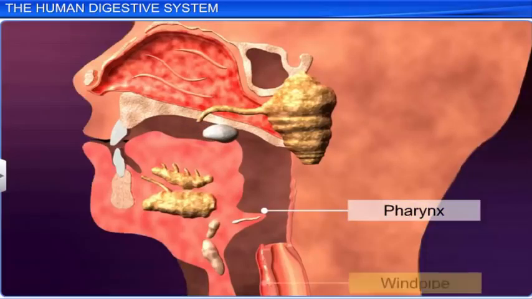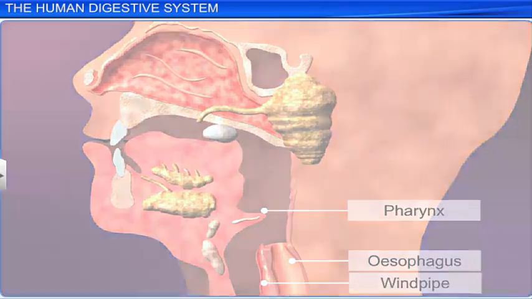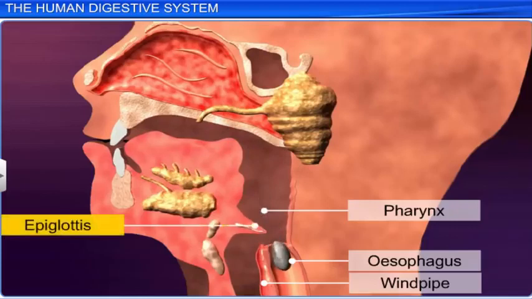The pharynx opens into the windpipe or trachea and esophagus, a narrow tubular muscular organ. When food moves through the pharynx and approaches the esophageal entrance, a flap of elastic cartilage tissue called the epiglottis reflexively closes, thereby preventing the food from entering the windpipe.